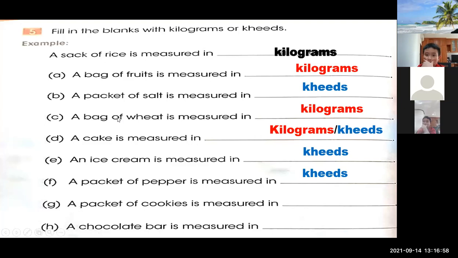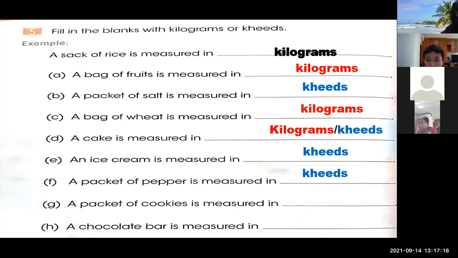Number 10, when we measure the weight of a packet of cookies, what do we use? Kid, or kilograms? Letter G. A packet of cookies, not a bundle of cookies.